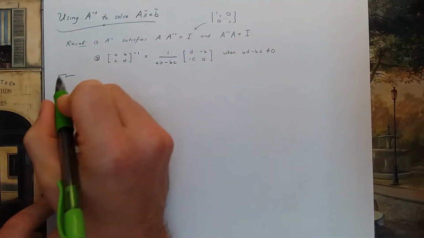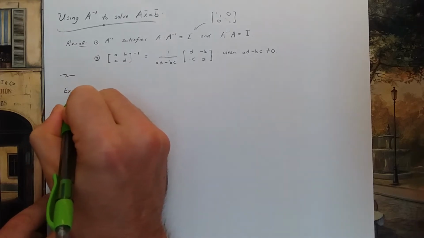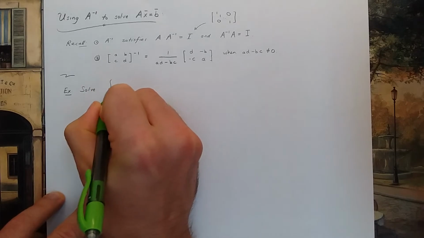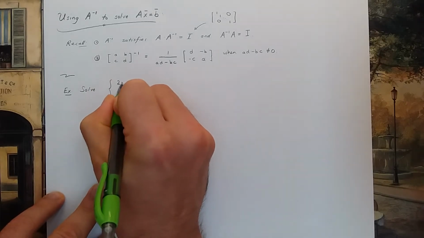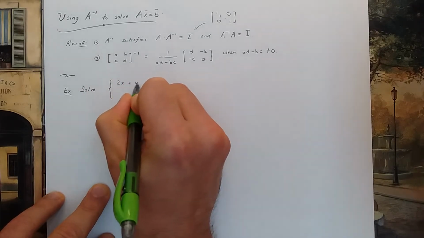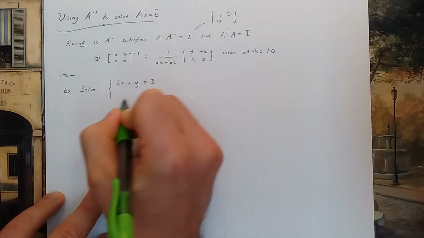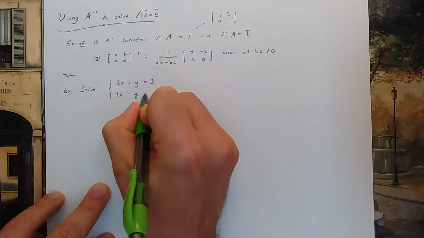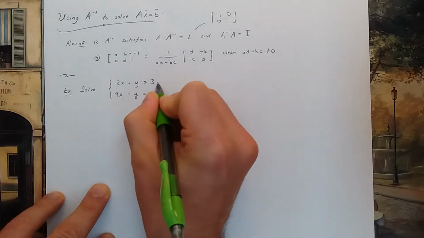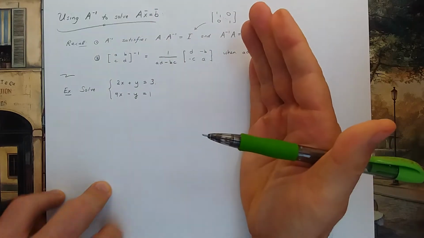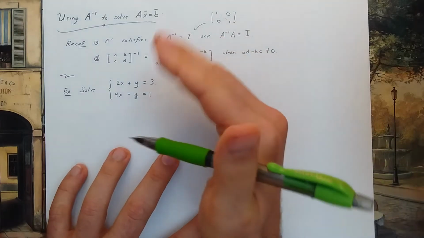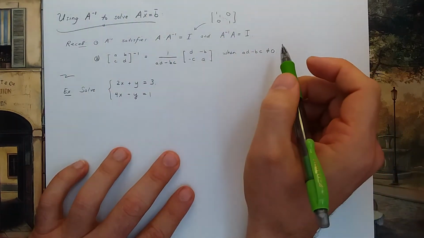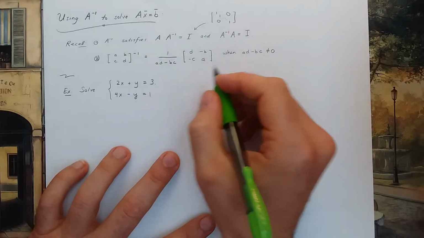Okay, so let's do an example here. Let's solve the linear system 2x plus y is equal to 3 and 4x minus y is equal to 1. Now we could solve this using substitution, we could solve this using the elimination method, but I'm going to solve this problem using the inverse matrix just to illustrate how that goes.